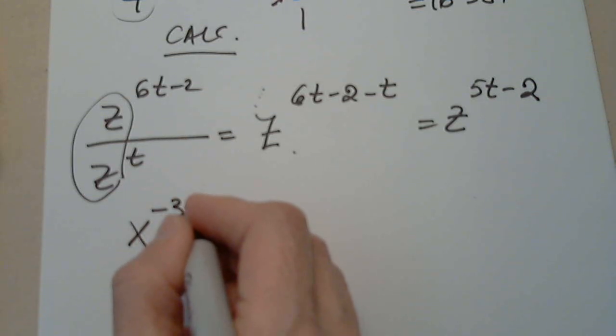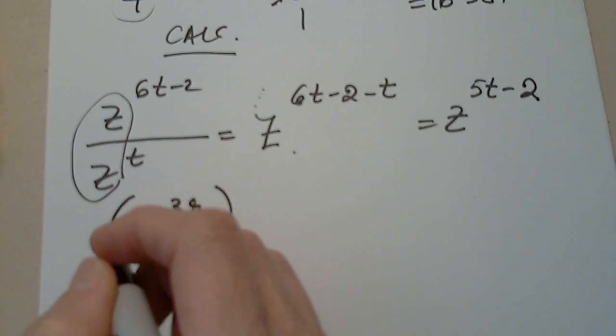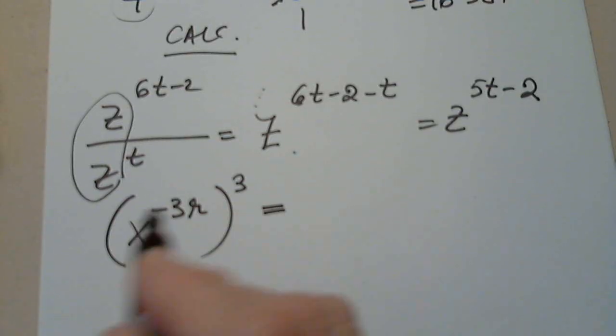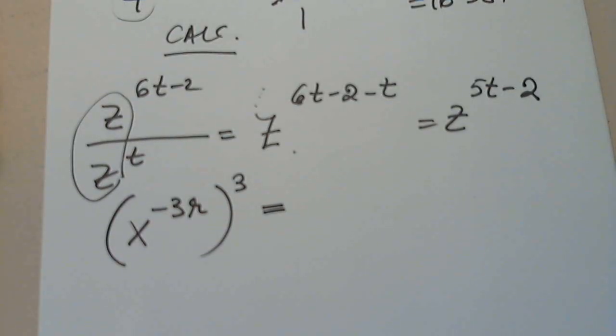To negative 3r, everything raised to the third power. Copy the base. What happens to the exponents? Copy the base.